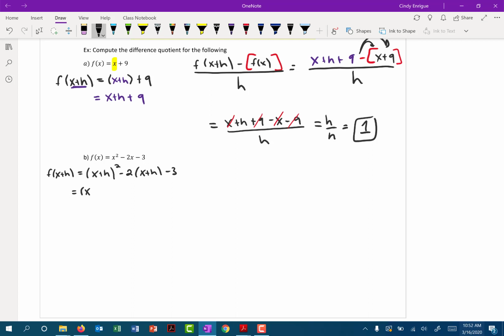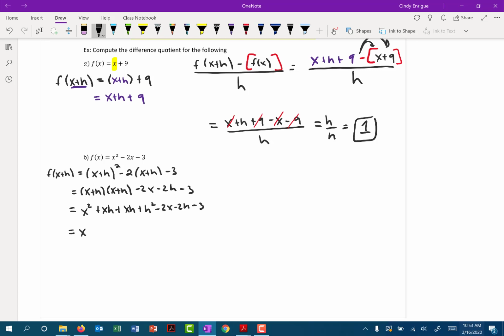So this is really x plus h times x plus h. And if I go ahead and distribute, it's a negative 2x and a negative 2h minus 3. If I were to FOIL that out, I'm going to get an x squared plus xh plus xh plus h squared minus 2x minus 2h minus 3.